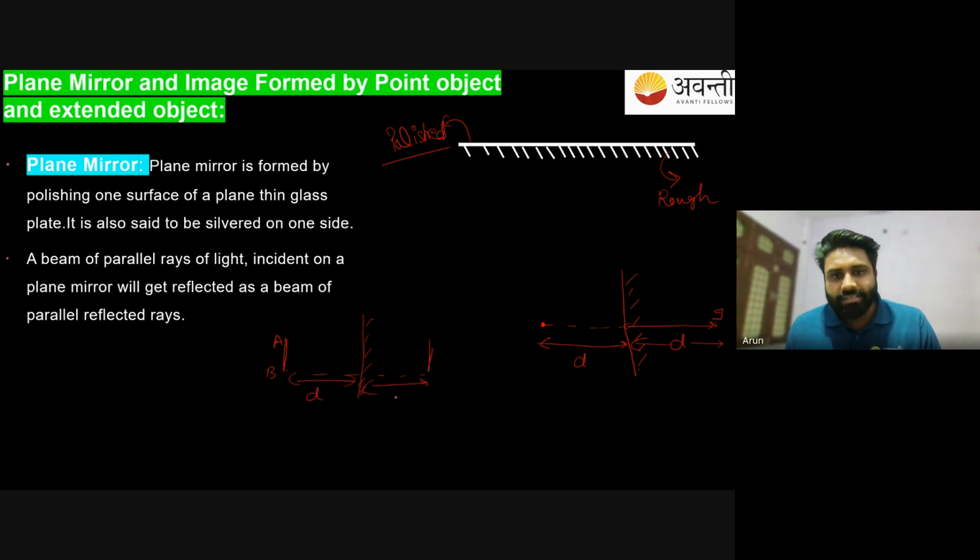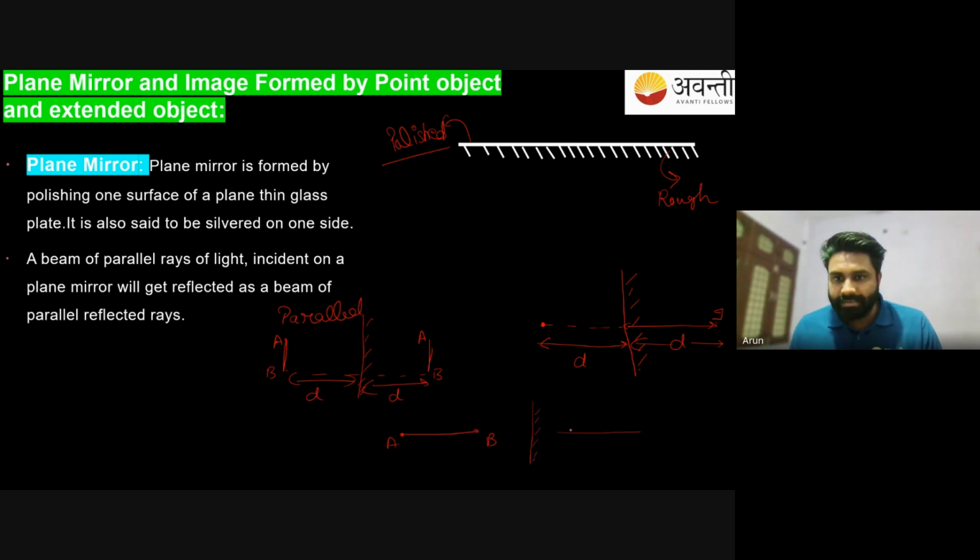One thing here is this is placed parallel to the mirror. So for the parallel case nothing special happens, you will simply get the same kind of object. But if the extended object is placed perpendicular to it, like this is A and this is B, what will happen to this?